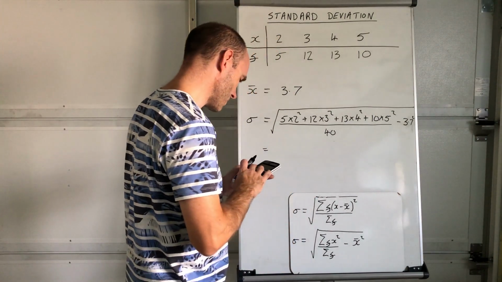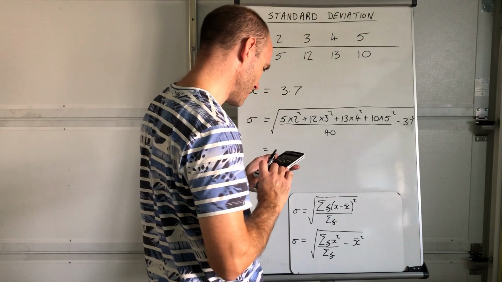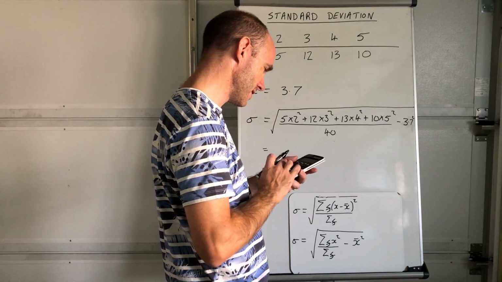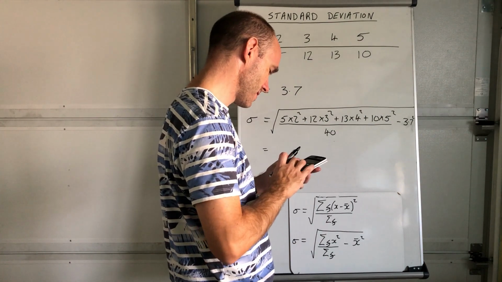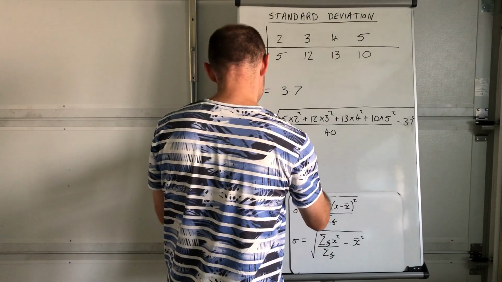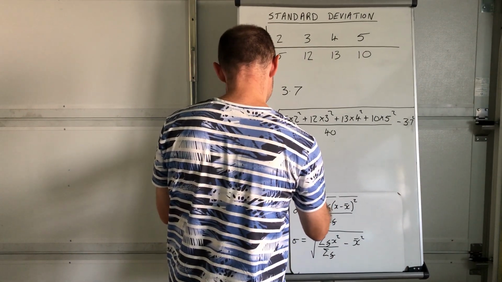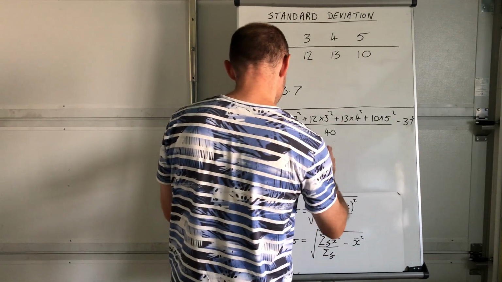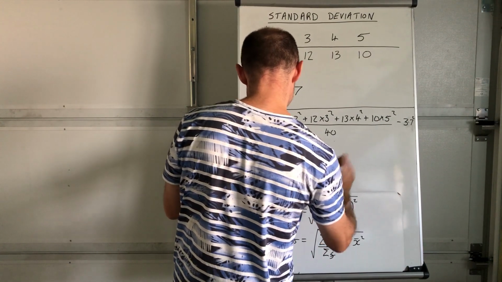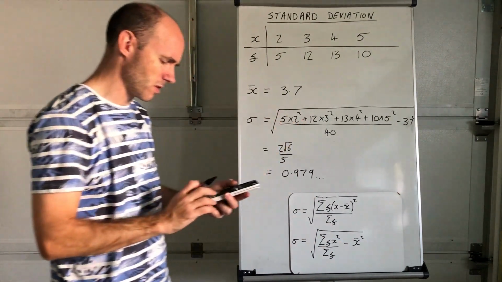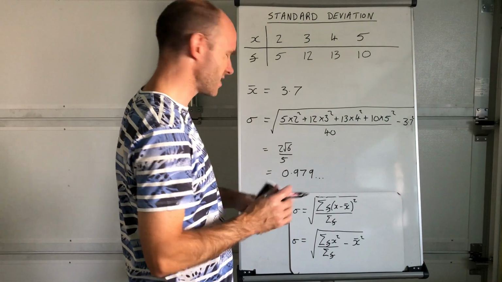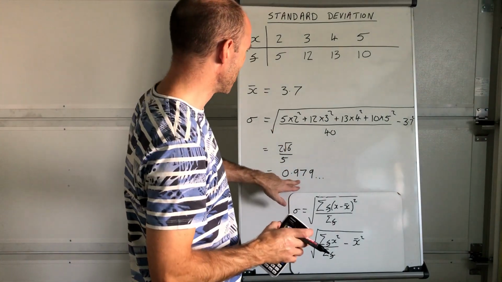So it's the square root of 24 over 25. I must have typed that in wrong because suddenly my calculator said syntax error. So square root of 24 over 25, I get 2 root 6 over 5. And if it was a decimal, that is 0.979 something. Not rounding it, I'll just put the dot because I'm a fan of exact figures. So 2 root 6 over 5. In statistics terms, you'd like it like that.